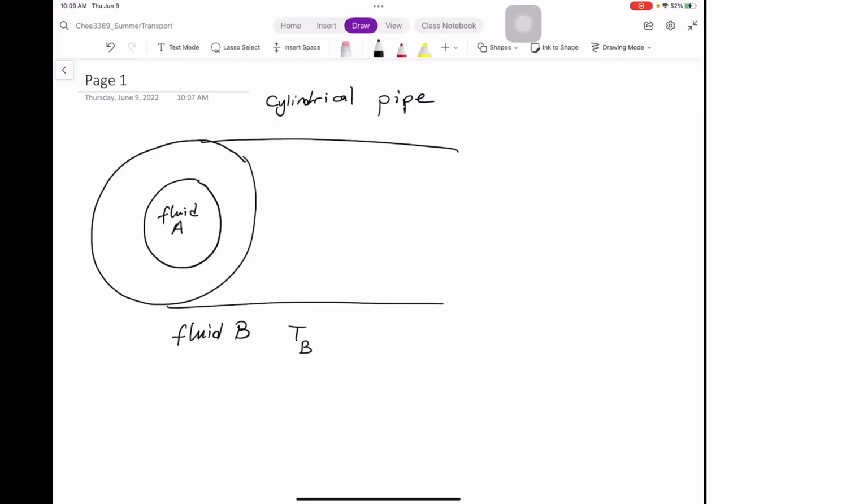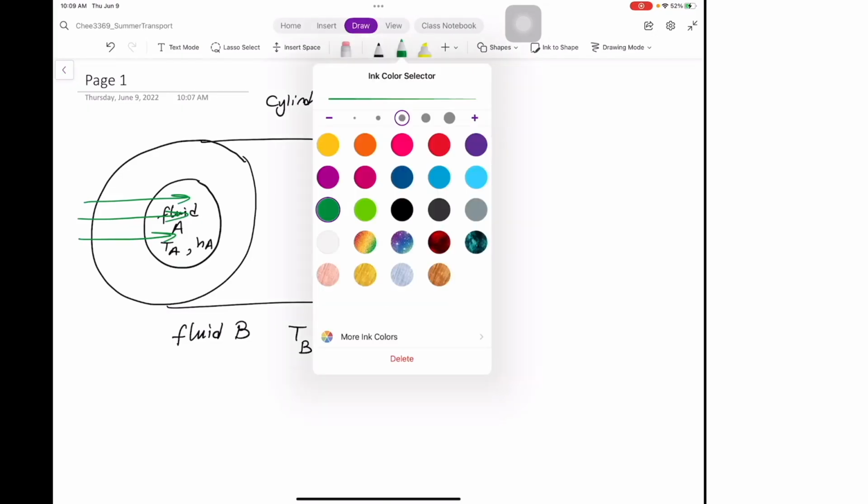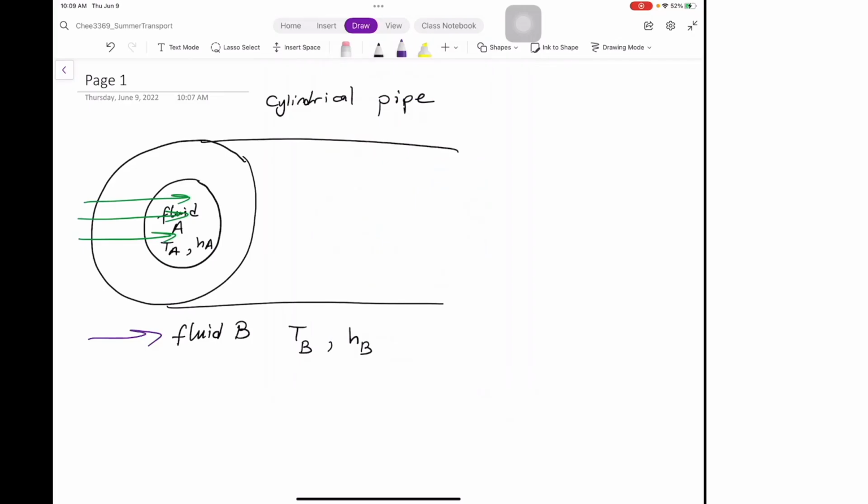And fluid B has a temperature of TB and heat transfer coefficient HB. And fluid A has a temperature of TA and heat transfer coefficient of HA. Okay. And imagine that fluid A is flowing through the pipe and fluid B is flowing outside of the pipe.